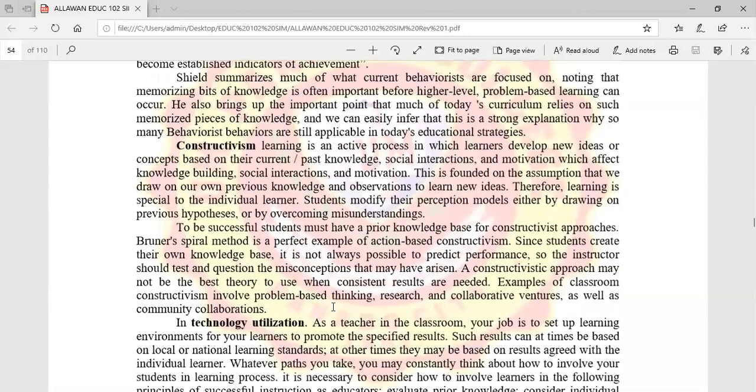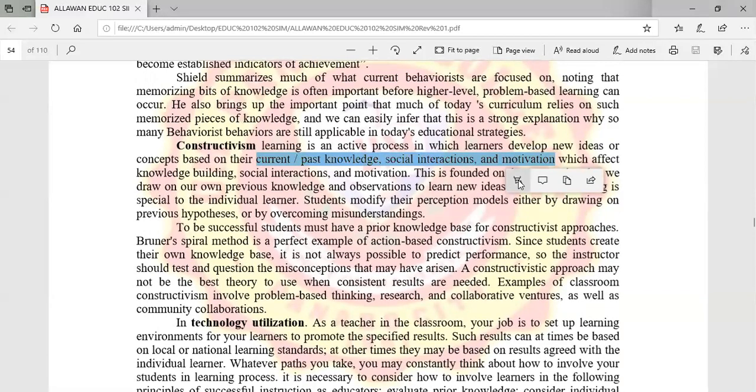That is an active process in which the learners develop new ideas or concepts based on their current or past knowledge, social interactions, and the motivation which affect knowledge building. So again, it uses the current or past knowledge, social interaction, and the motivation is very important on this constructivism.